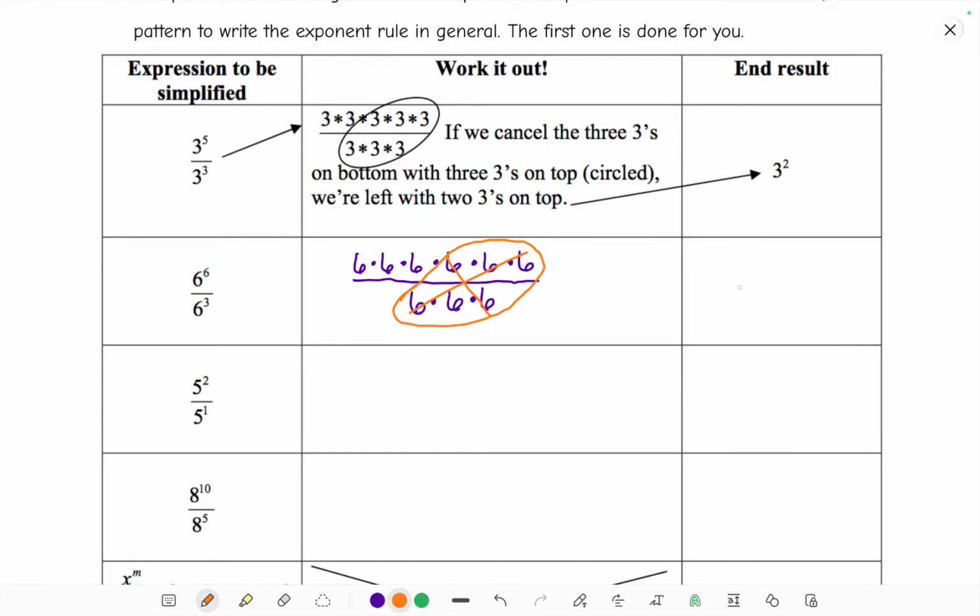So we're left with 3 6's on top, so that's 6 cubed. 5 squared over 5 to the 1st. So 5 times 5 over 5. Well, we get 1 5 that cancels out on top and bottom. So then we get 5 to the 1st power, which of course is just 5.